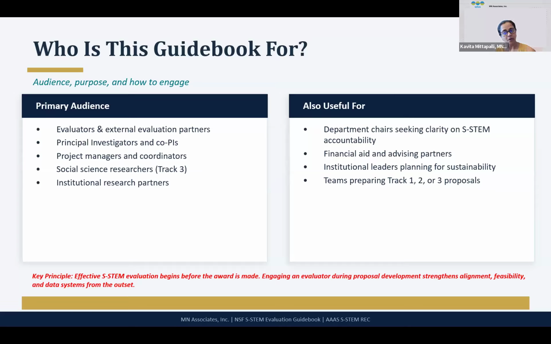An S-STEM project that retrofits the evaluation after the funding is always playing catch up. Most of you here who are evaluators would agree that when you're brought on board in year 2, year 3, year 4 of a grant, for whatever reason, it's a lot of catching up to do, because your mode of operation is different from the evaluator who left or the project that didn't have an evaluator.